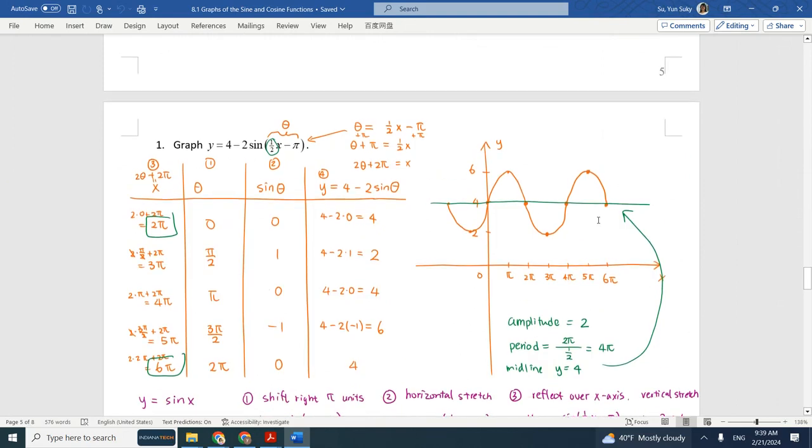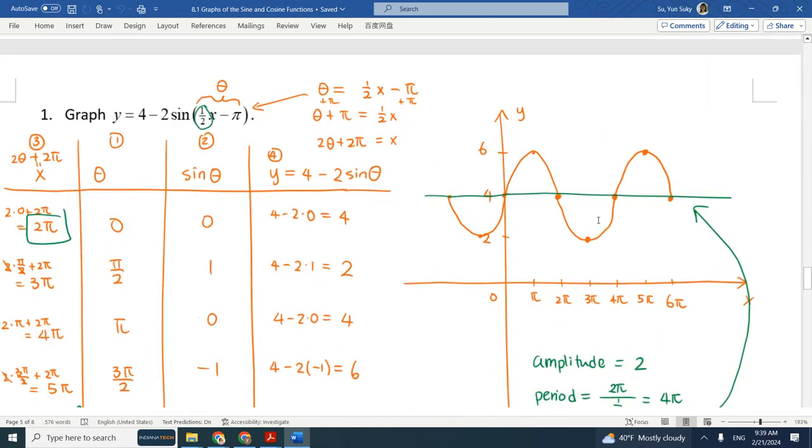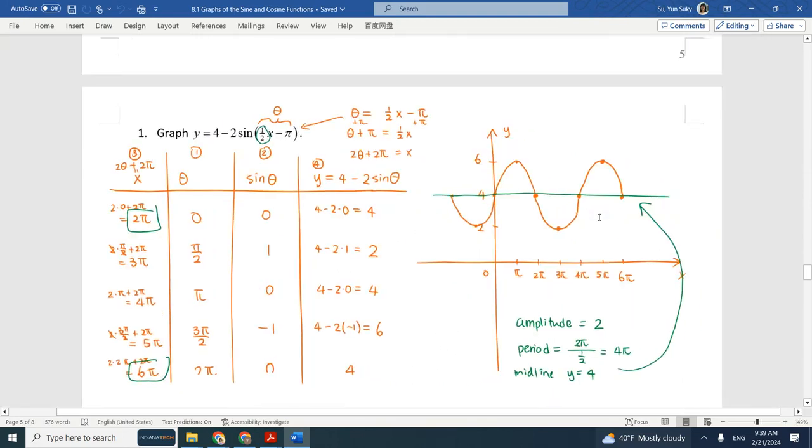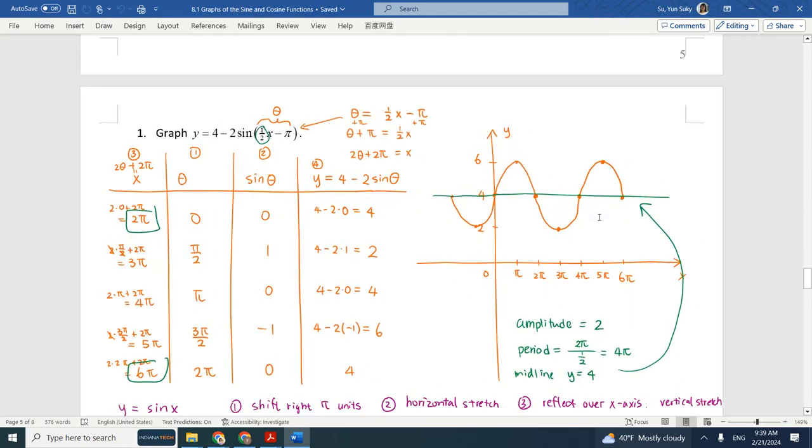Do you still remember the steps when we need to graph the sine or cosine graph? You draw the table. Yes, everybody, draw the table. And we have x, theta, in this case sine theta, and the y. The first step you fill with the what? Theta column.